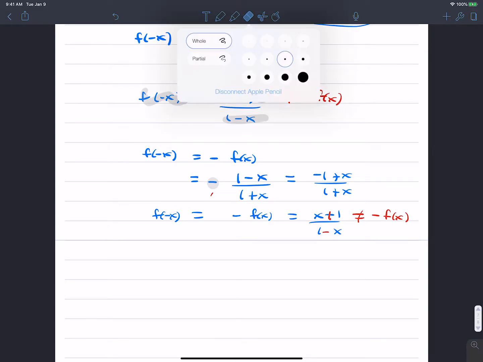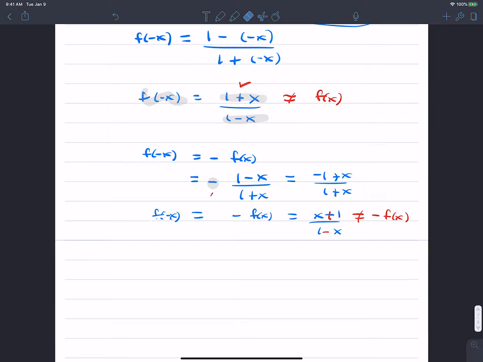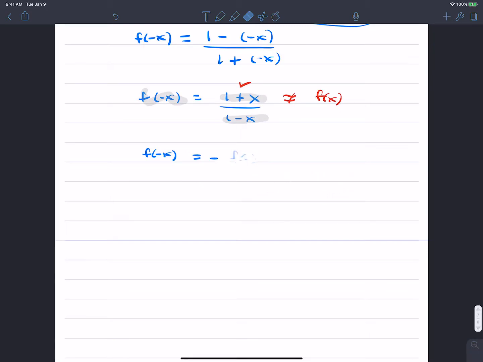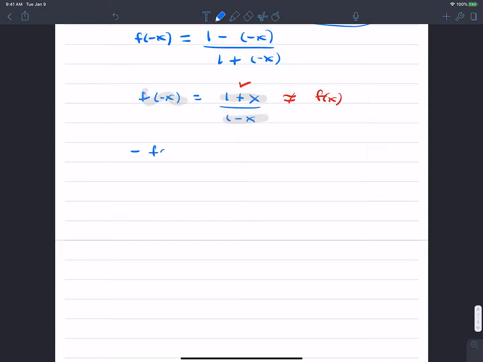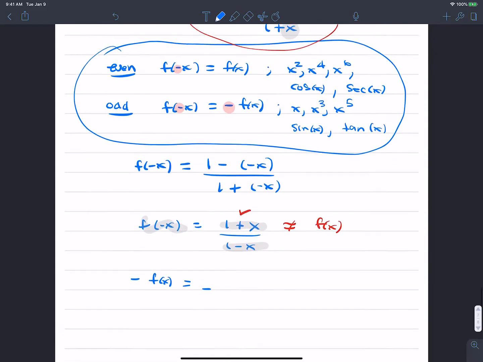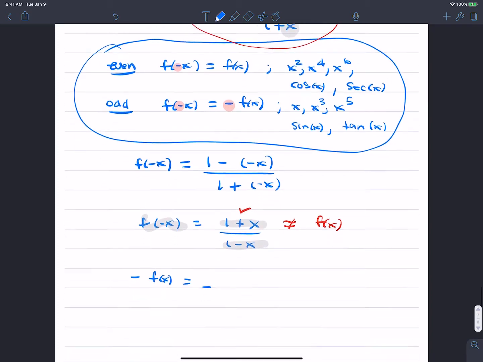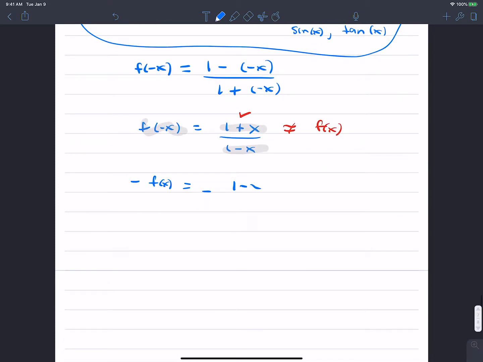So let's try this again here. Let's see what minus f of x is going to be. It's a negative sign, and f of x originally is 1 minus x over 1 plus x.